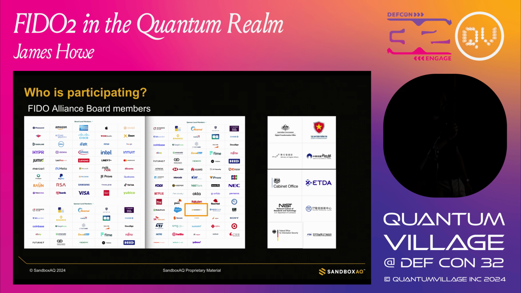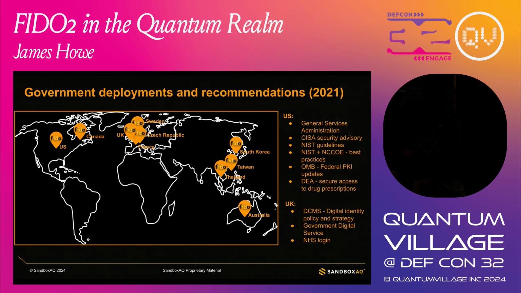Sandbox AQ is there, so we recently joined this year, but it's full of a number of companies, and also standardization agencies and governments like NIST, and it's a global effort really. So a number of agencies in the UK and the US will enforce this, and it goes over users in the NHS, the health services, and lots of different places.